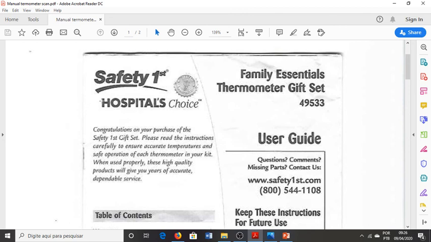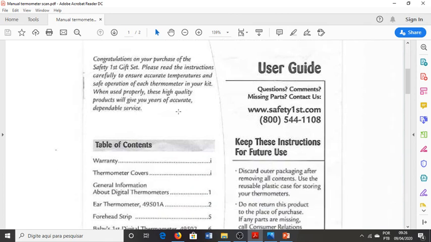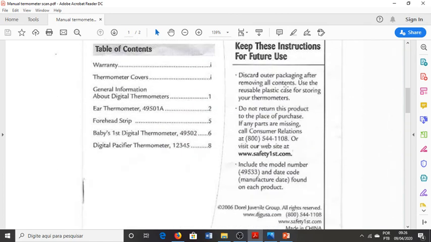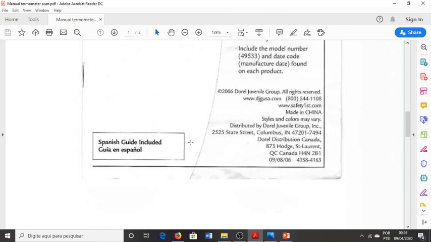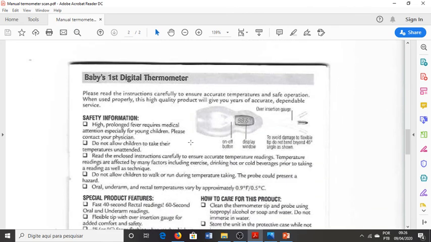Então, não precisa traduzir ou pode acrescentar prêmio, Hospital's Choice, pode acrescentar isso. E aqui vocês omitem os telefones e omitem essa informação aqui embaixo também, que não é trabalho do tradutor. Ele vai ser adicionado pela empresa.